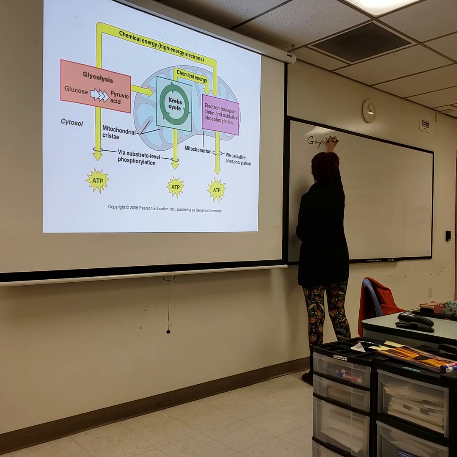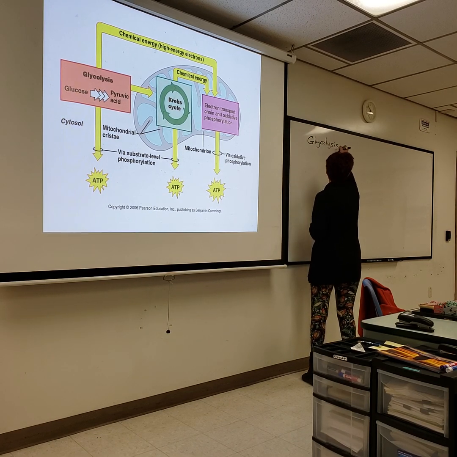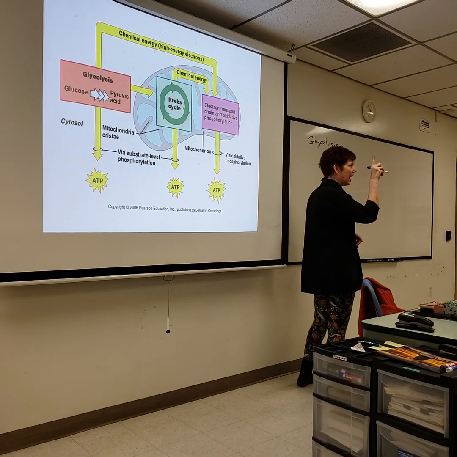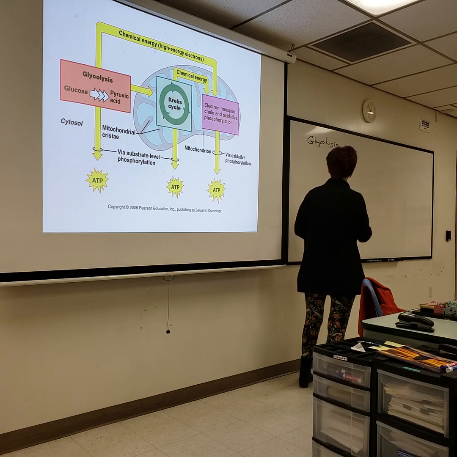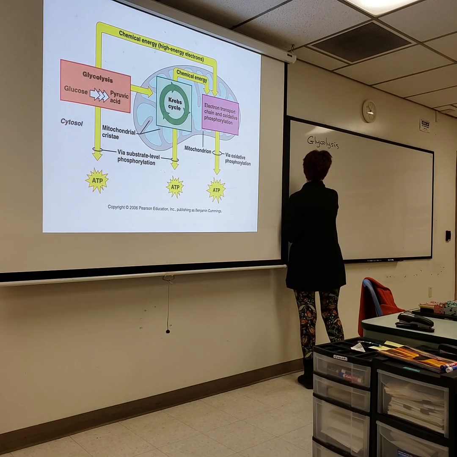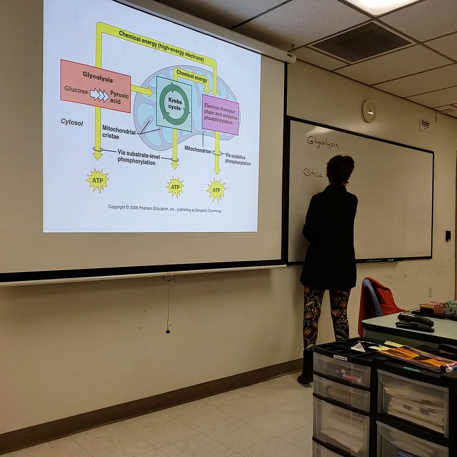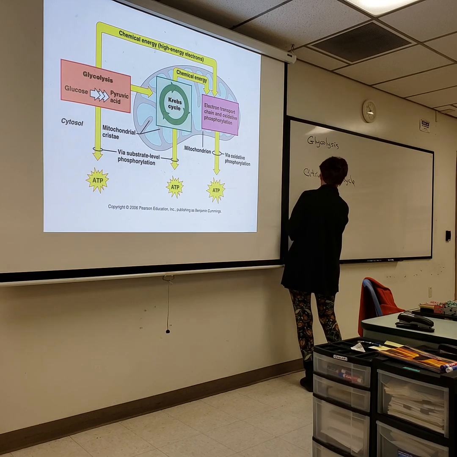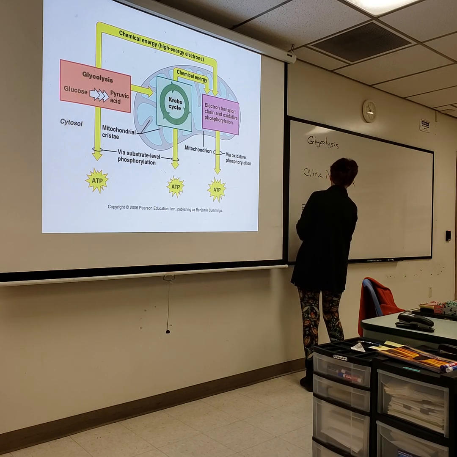What part of the molecule of glucose or fructose do we get our energy from? Electron. Okay? So the three steps are glycolysis, the Krebs cycle, which is a little old-fashioned name, so citric acid cycle, and electron transport.